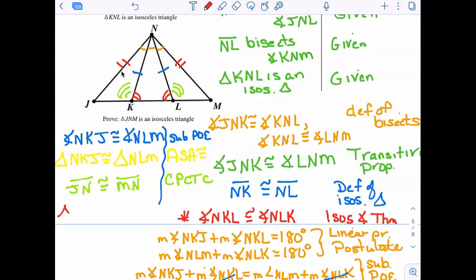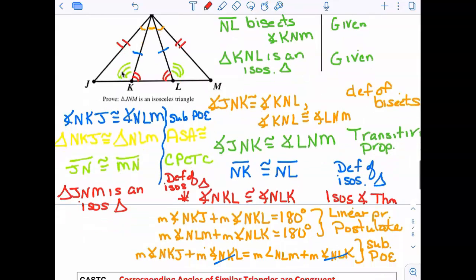So triangle JNM is an isosceles triangle based on the definition of an isosceles triangle. Okay, and so that is the proof for number 3.